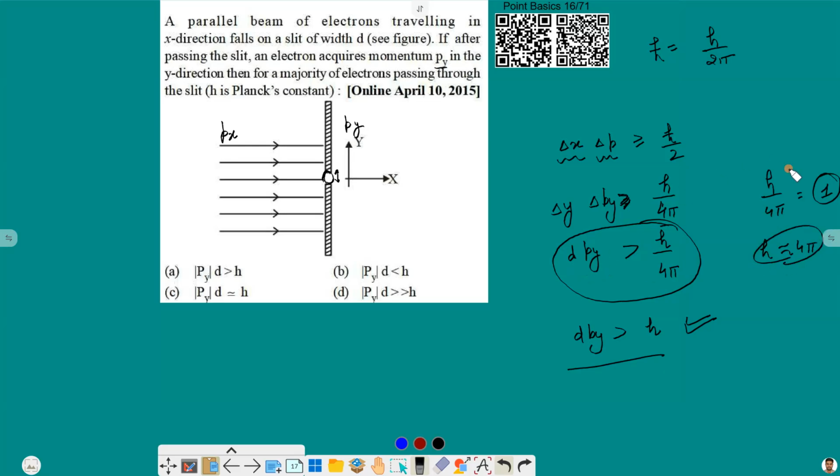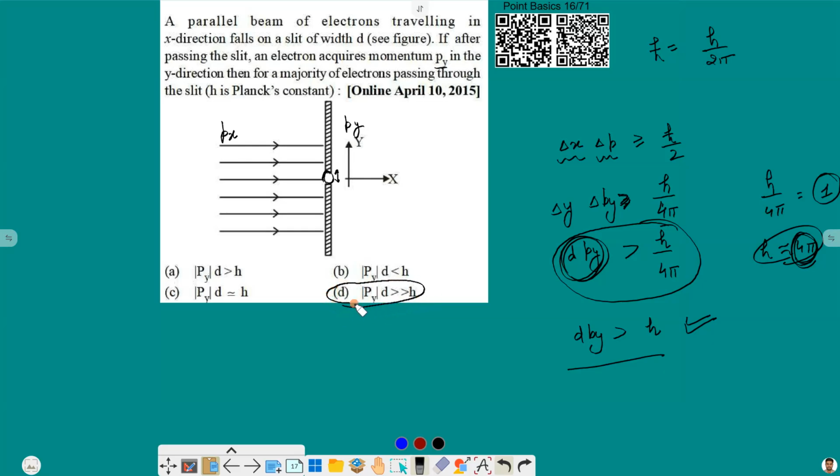So if some term is greater than 1, we are not sure whether it will be greater than 4 pi. Either it can be greater than or it can be equal, but it will not be less, but it will not be very much greater either, that means not like option D.